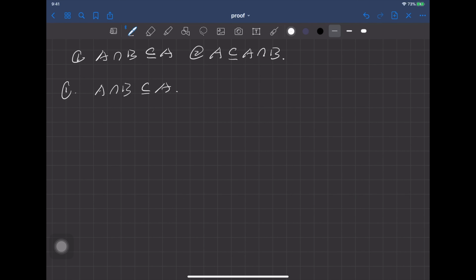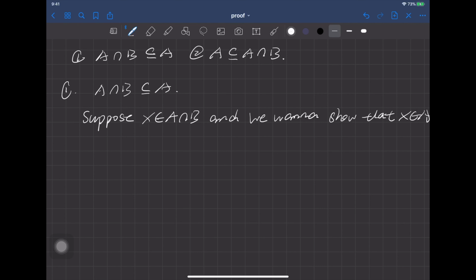It's quite straightforward, as I said before. We still need to suppose X is an element of the intersection of A and B, and we want to show that X is also an element of A. From here, we know X is an element of the intersection of A and B, which means X is an element of A, and X is also an element of B. This is from the definition of the intersection set.